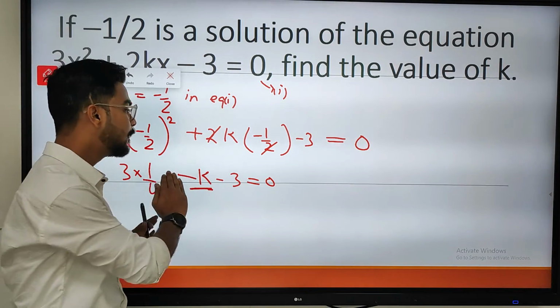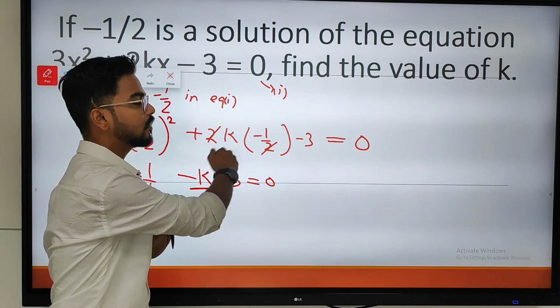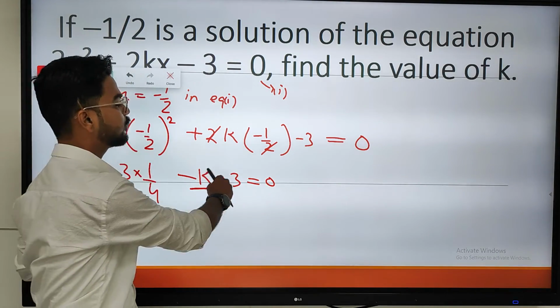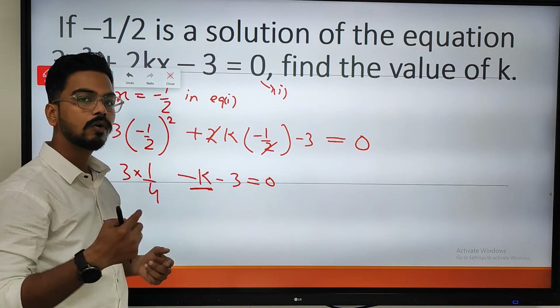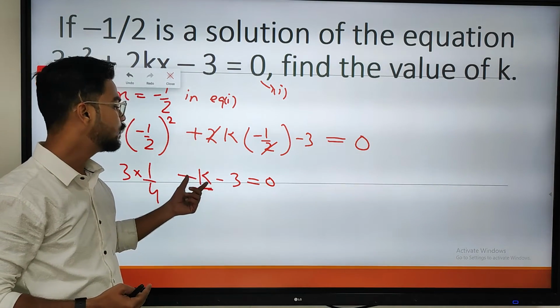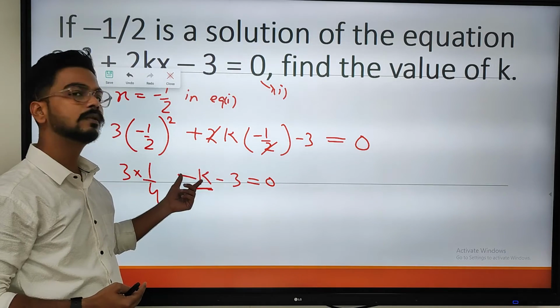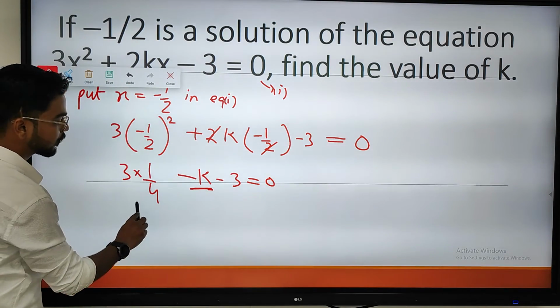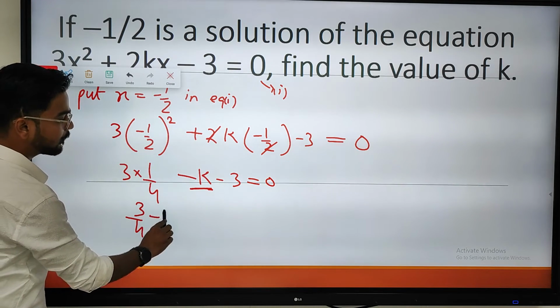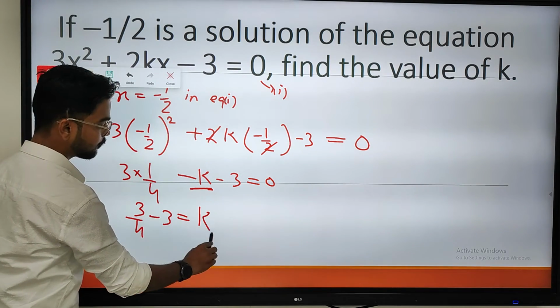So what we'll do, we'll transpose this minus k to the right hand side, okay? No need to shift all the numbers to the right hand side, then again we have to cancel this minus sign. So always do smart work. So in this step only we'll make this minus k positive by shifting it to the right hand side. So it will become 3 by 4 minus 3 is equal to k.